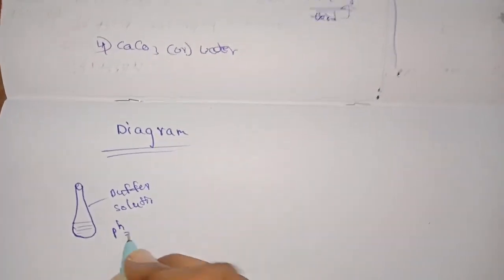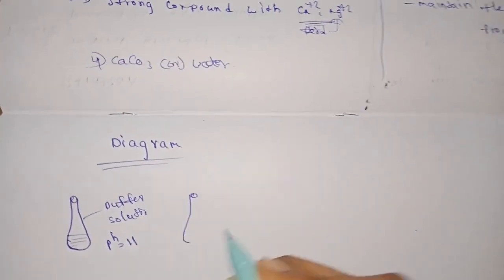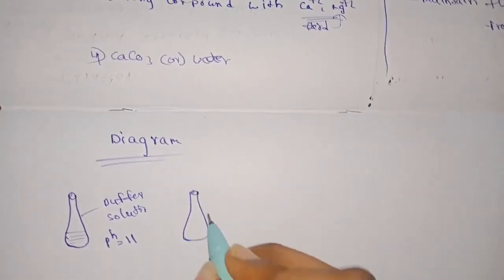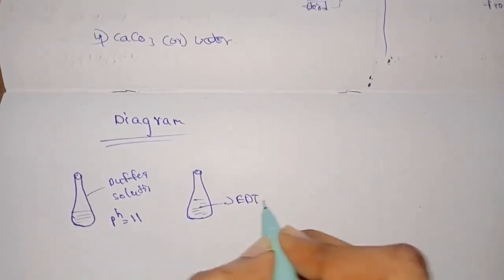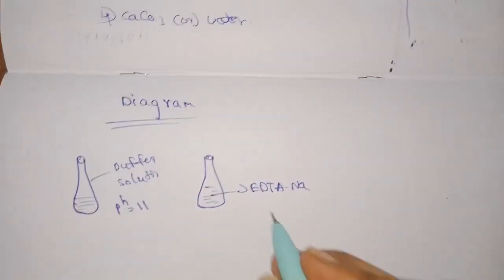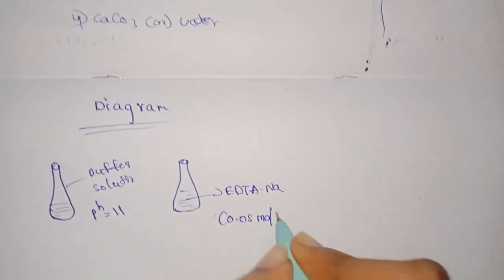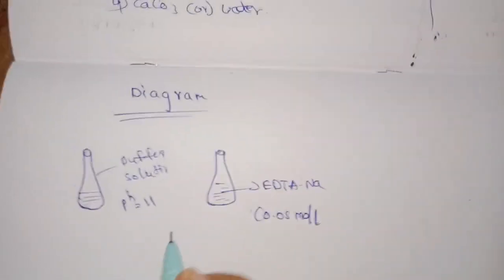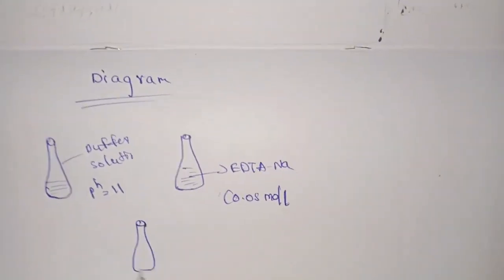The pH level must be 11. And we have to take EDTA, sodium EDTA, about 0.05 mole per liter, and we have to take EBT.